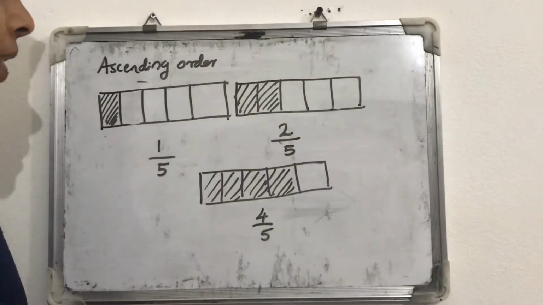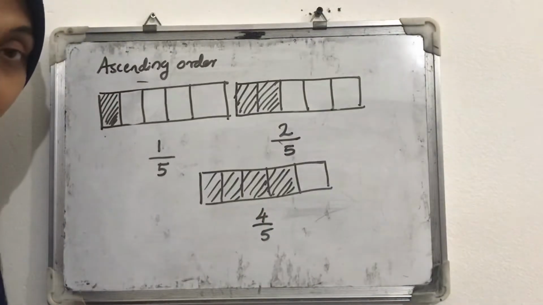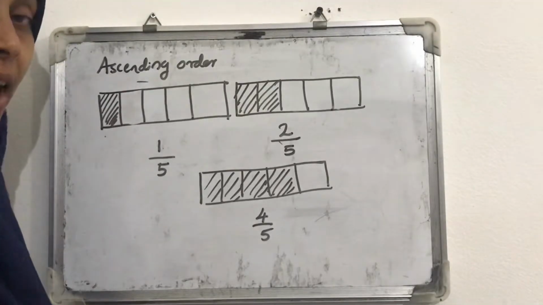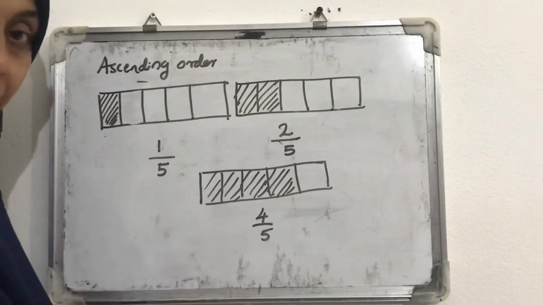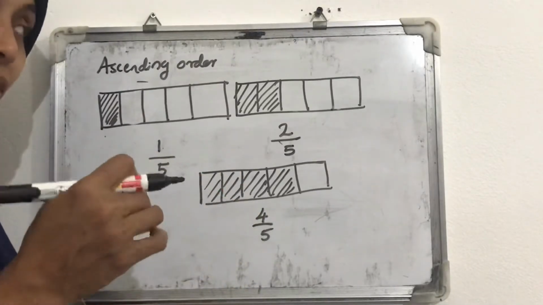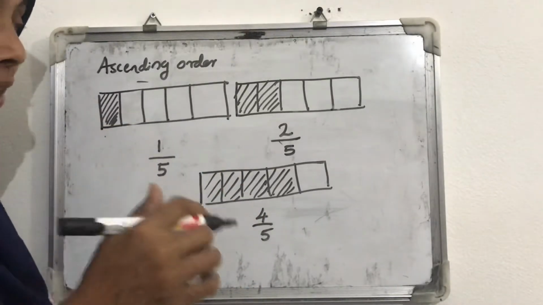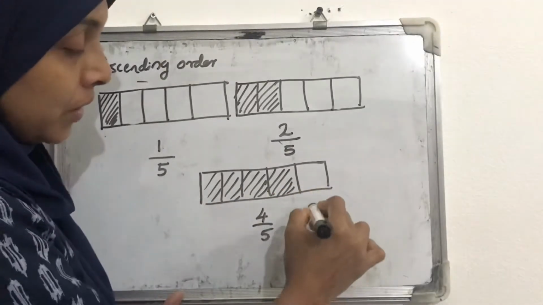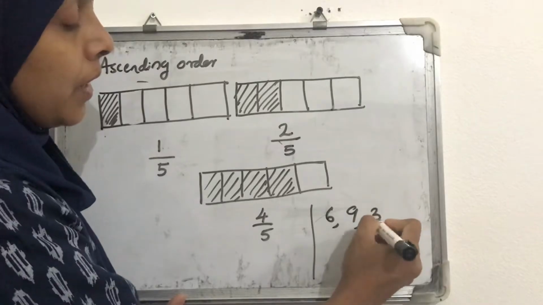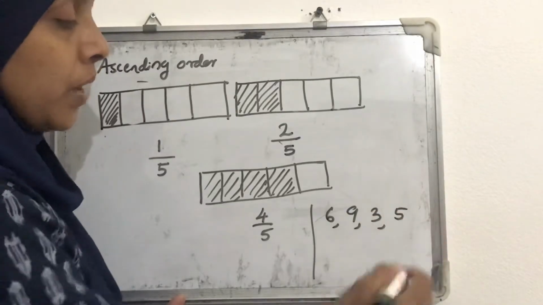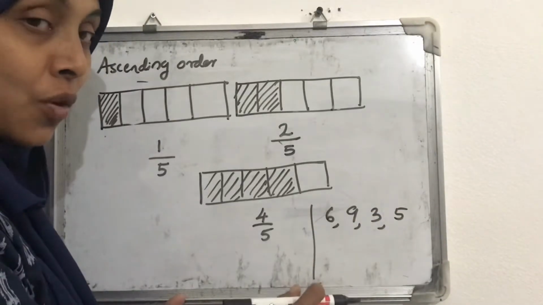Now, we know what is meant by ascending order: arranging the numbers from smaller to bigger. If we take the numbers 6, 9, 3, 5, how will we write these numbers in ascending order? All of you know.